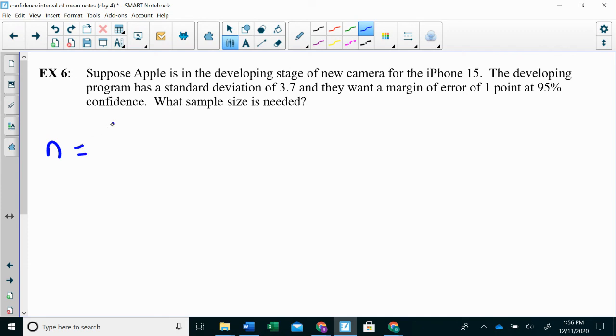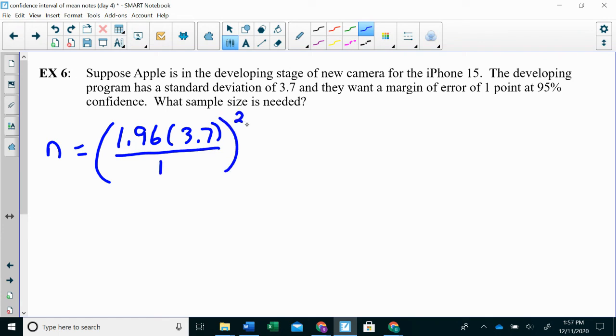So N equals 95% confidence is 1.96 for the Z interval times the standard deviation, 3.7, divided by 1, and then that squared.